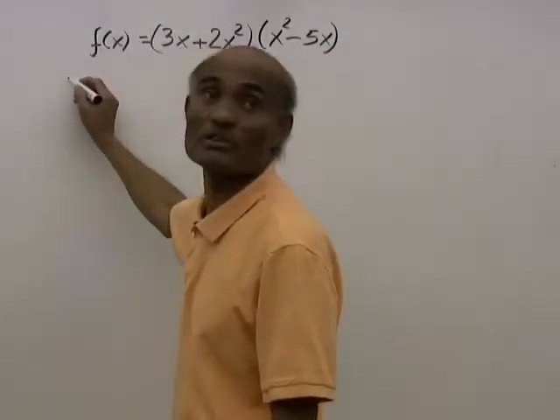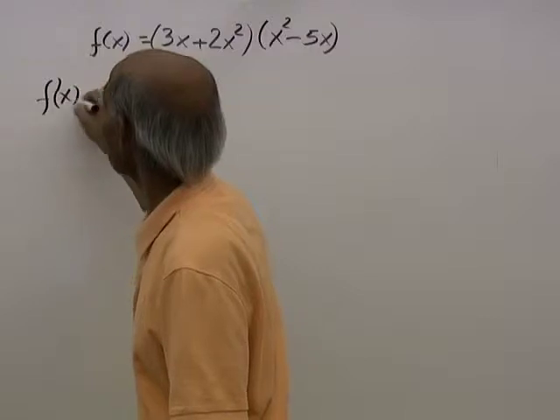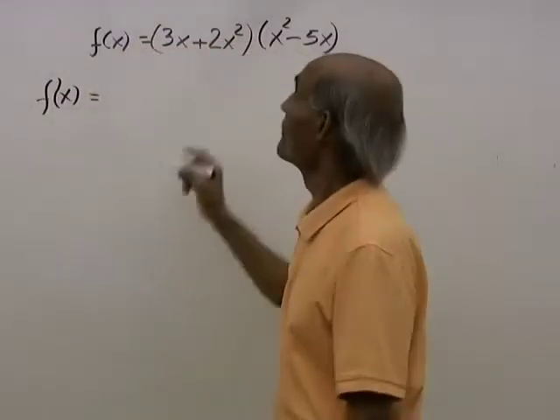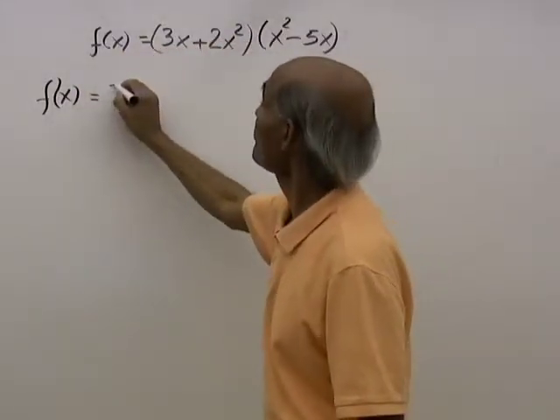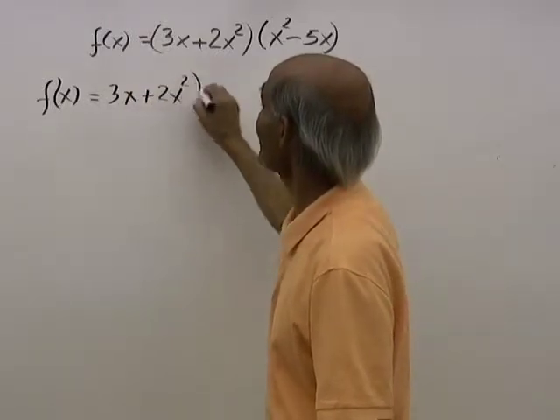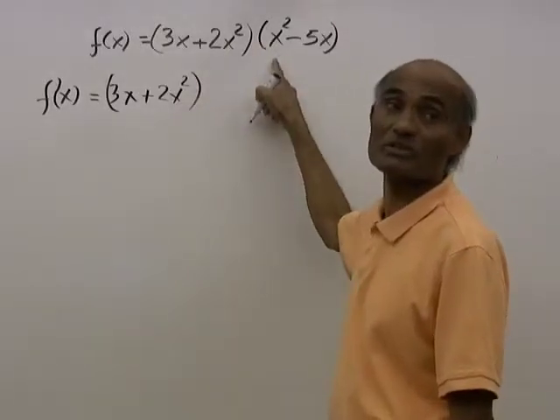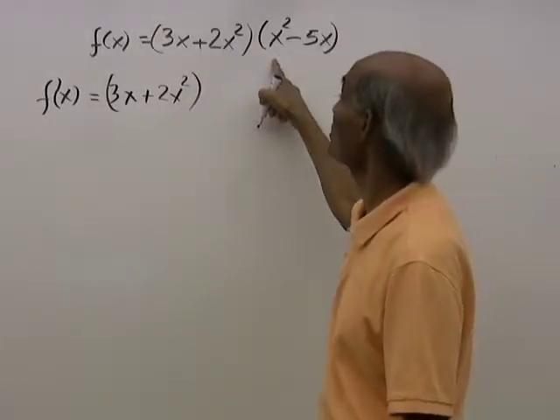So the derivative here will be f prime of x equal to the first function, which is 3x plus 2x squared. First function times the derivative of the second function.